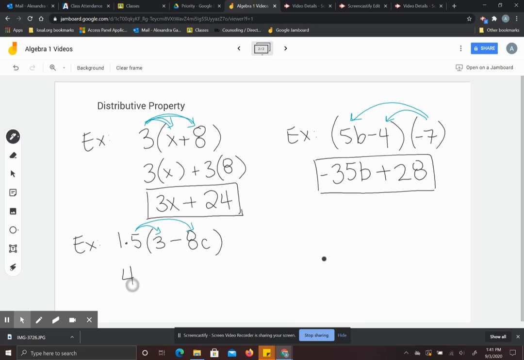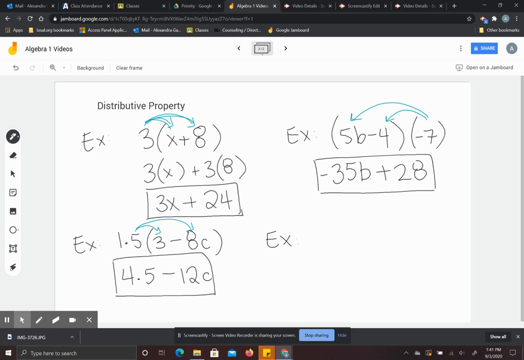And I'll get 4.5 minus, and we want to multiply 1.5 times 8, and we'll get 12. And we've got to remember that c there. We do not have any other like terms, so we are done.